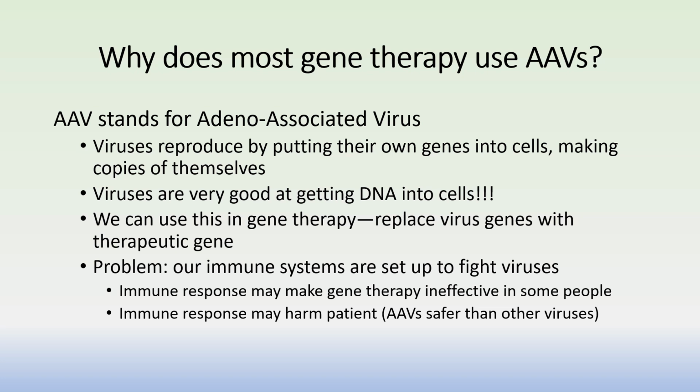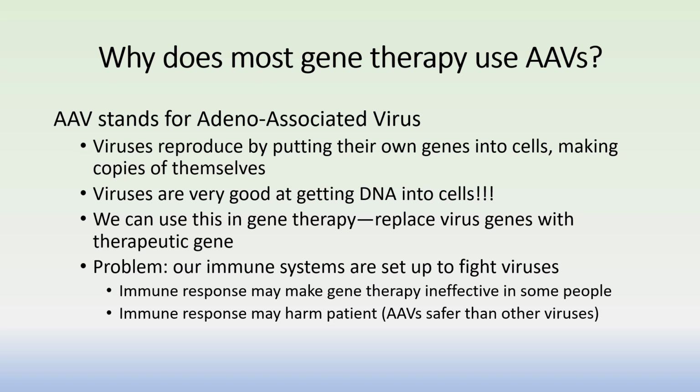So the basic way that all of the gene therapy that is currently being tested or has already been approved uses a virus to put in the gene to a cell. Okay, the particular kind of virus is called an AAV. And it's a kind of virus that actually doesn't make anybody sick.